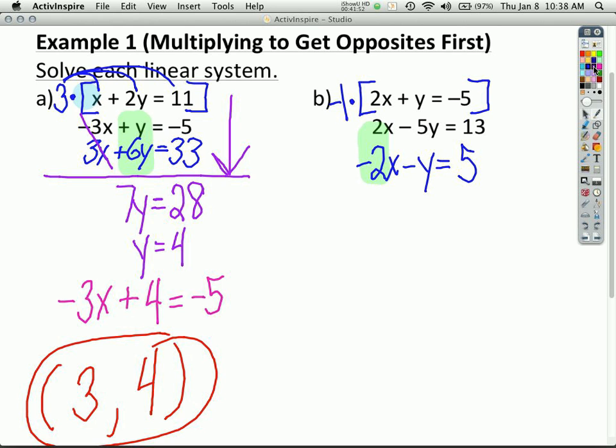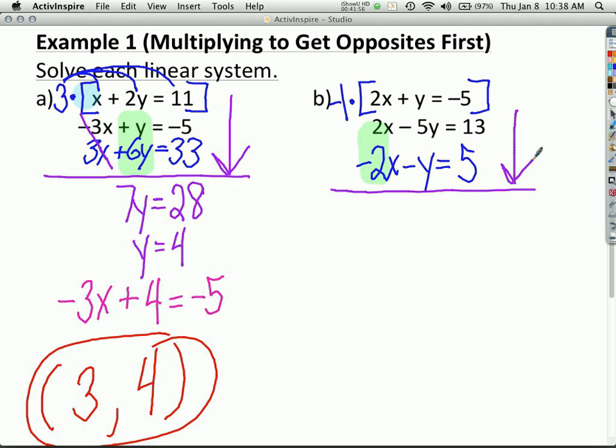So now, add down. Elementary school, add down. Ethan, what was it that we said for these two? They cancel out. -5y and a -y. What does that come out to? Go ahead, Angela, you're on a roll with this.